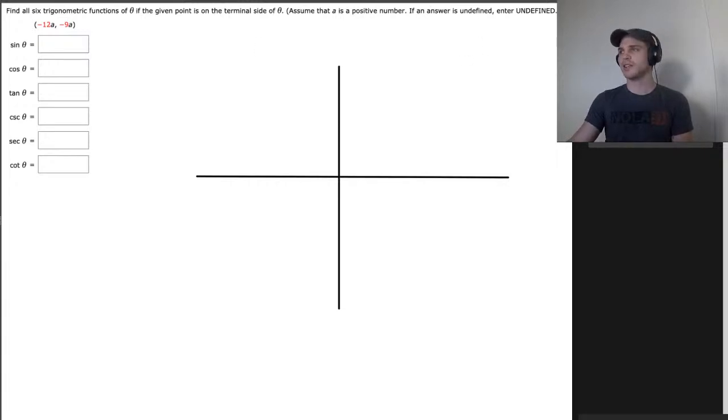So this is actually kind of difficult because we don't really know what a is. A could itself be a negative number, but let's just plot the point negative 12, negative 9 essentially. So we'll go negative 12, negative 9, something like here. Okay, and we'll call this point negative 12a, negative 9a.